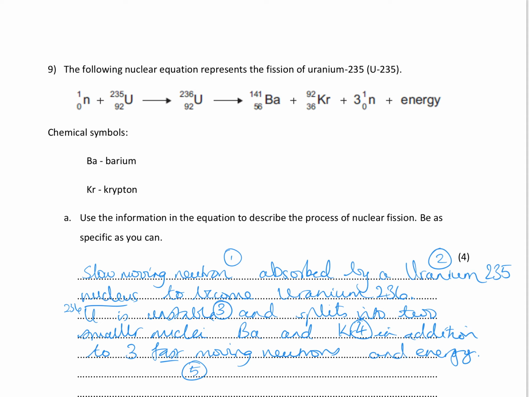And again, 92 is equal to 56 plus 36 plus 0. But the numbers on the top add up to the 236, and the numbers on the bottom add up to 92. So that would have gotten you credit there. Okay. Problems came in where people mentioned atom rather than nucleus, where people were talking about reacting rather than being absorbed, and on the whole it was well done.